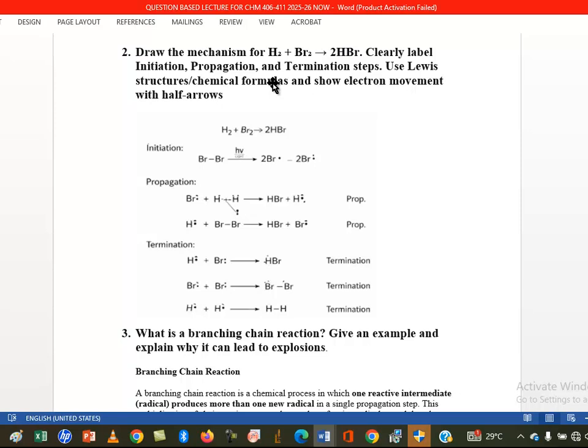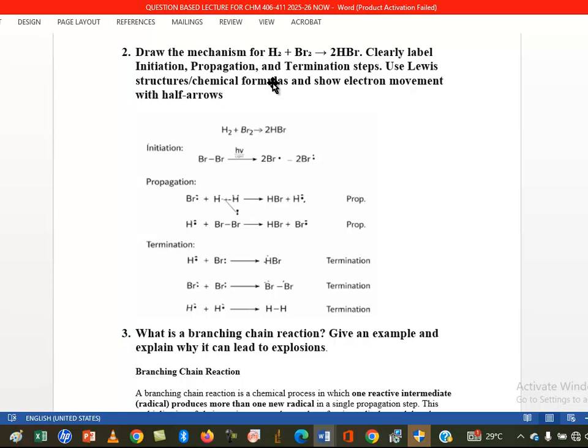Please, you can leave out this other 2Br, just put 2Br dot, that's okay. Here you have 2Br, and I would prefer the second one, the one with the two dots.